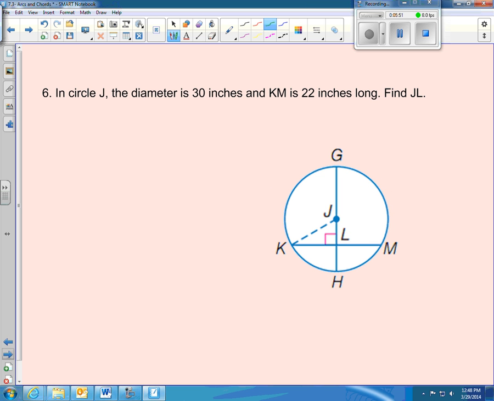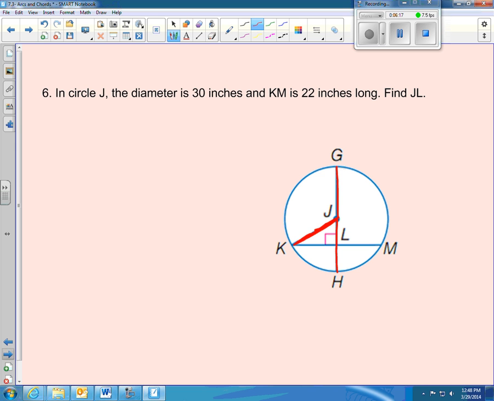All right. In circle J, the diameter is 30 inches and KM is 22 inches long. Find JL. Oh, love this problem. The diameter is 30 inches, and here's the diameter. I'm not going to mark that because I also see this radius here, and I'm going to mark that.